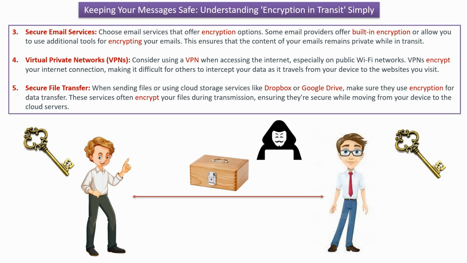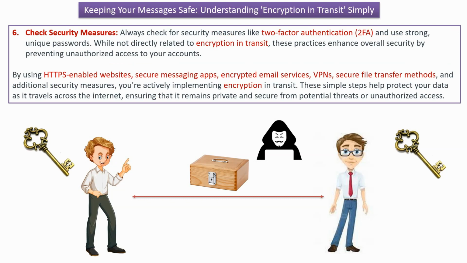The sixth point is to check security measures. Always check for security measures like two-factor authentication and use strong unique passwords. While not directly related to encryption in transit, these practices enhance overall security by preventing unauthorized access to your accounts.